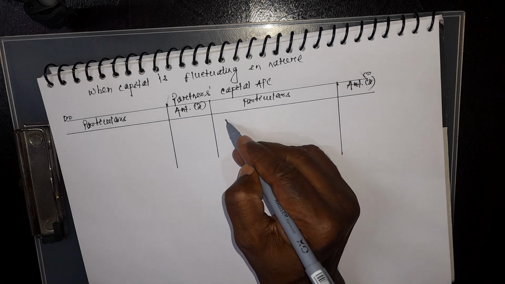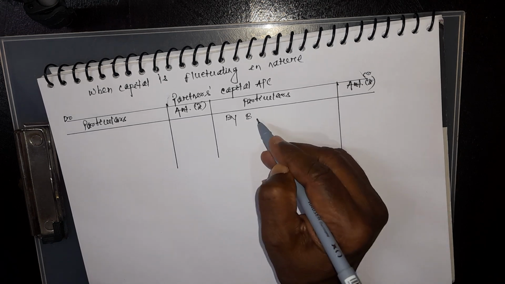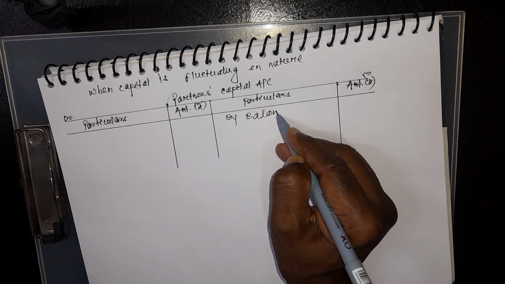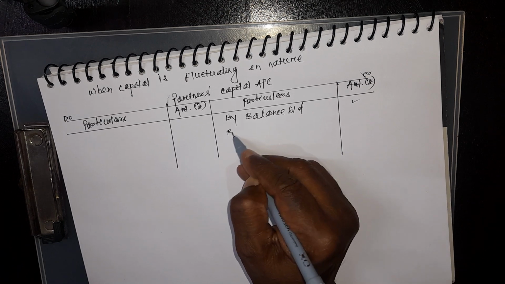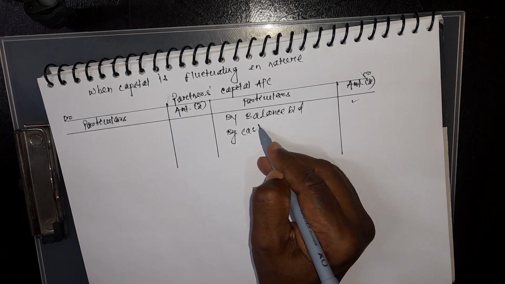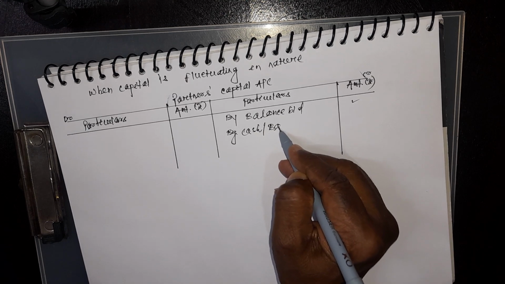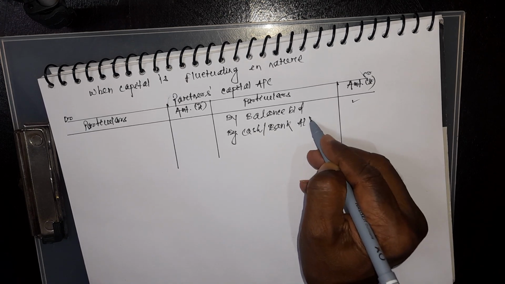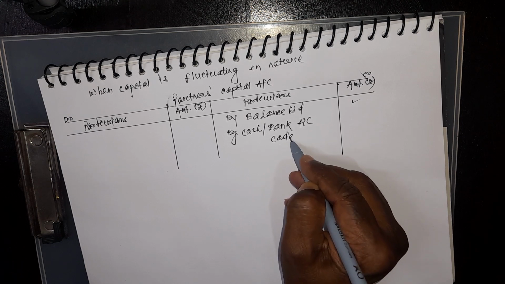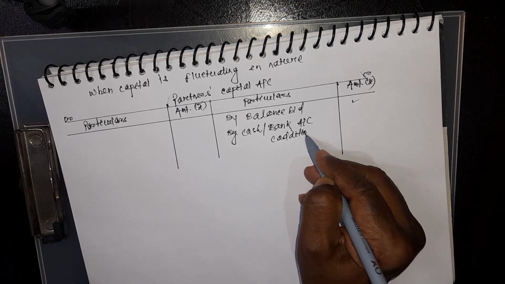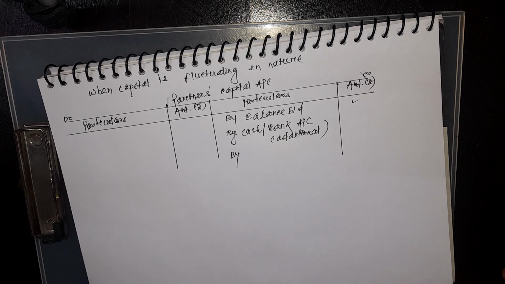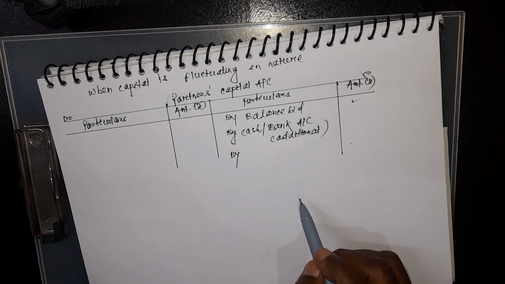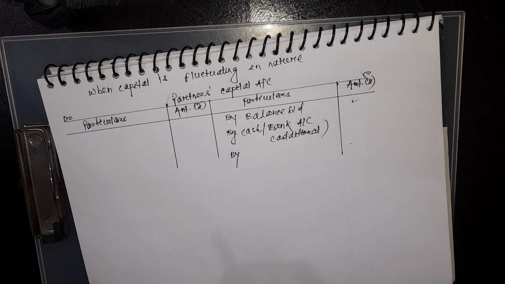On the credit side: by balance b/d, opening capital. By cash or bank, additional capital. And as I told you in the last video, whatever the partner gets from the firm, like interest on capital, salary, profit, you write on the credit side.